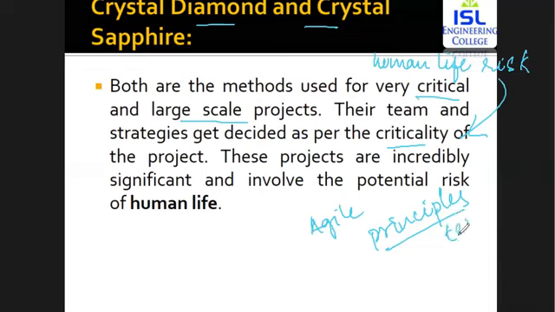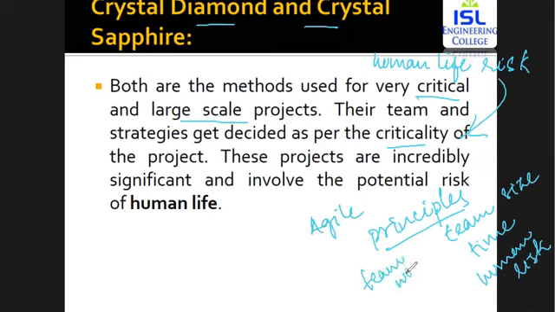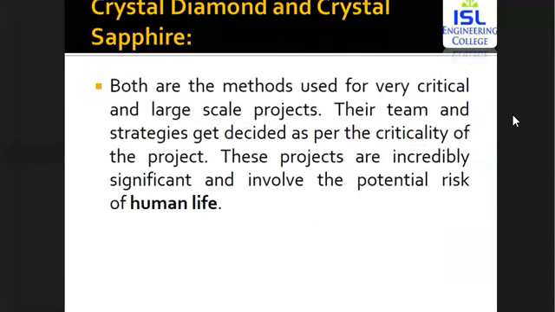You can write the team size and the time required to develop the project, and a few points like Crystal Diamond requires human risk, the time box techniques, and the teamwork that is split among different team members. If you define that much, that will be enough.